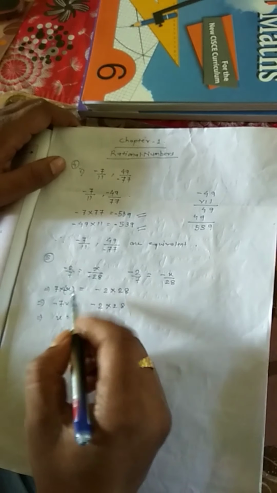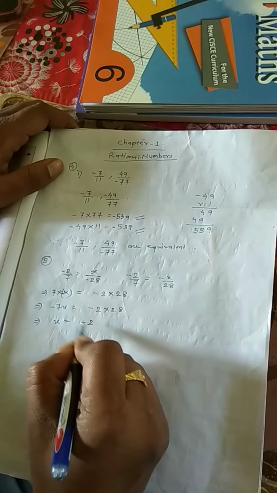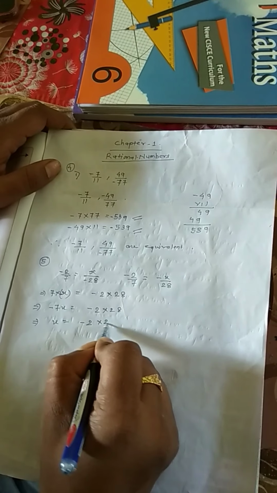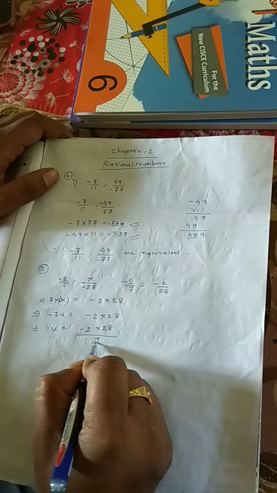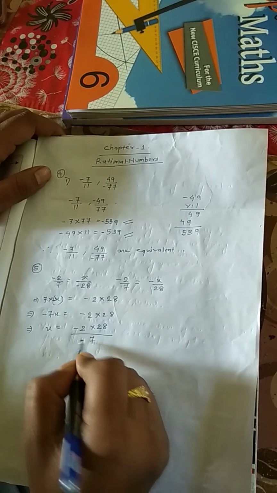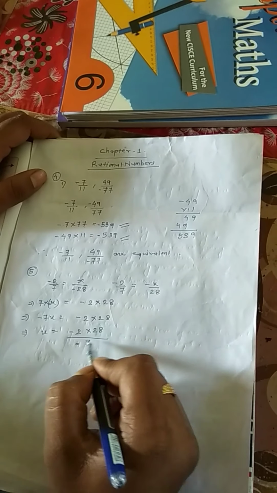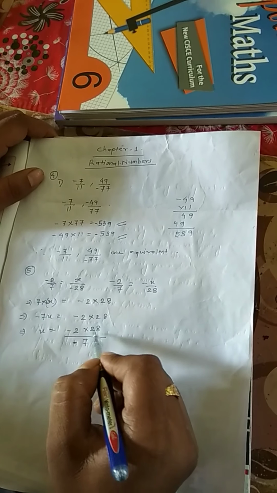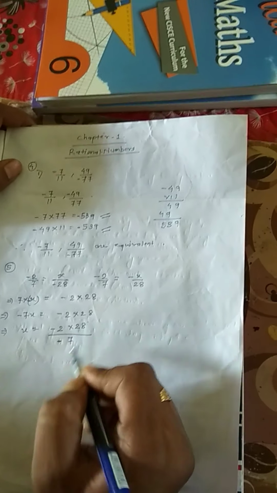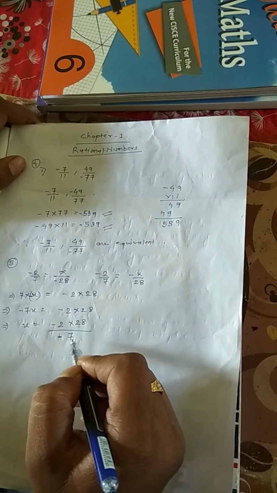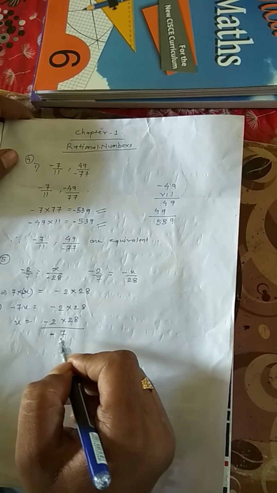Now we will change the place of 7. When 7 comes to the RHS, it will be there with the minus sign. Now we have to cancel. Let us check whether 7 and 28 have a common factor. Yes, they do.